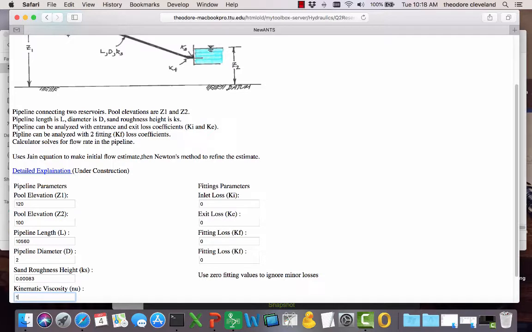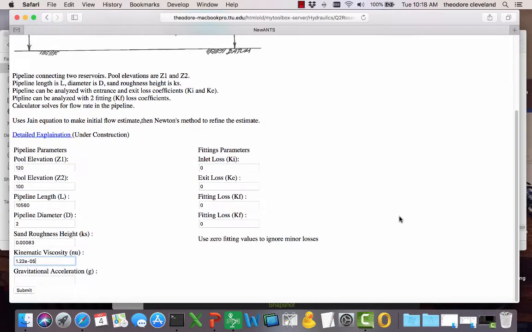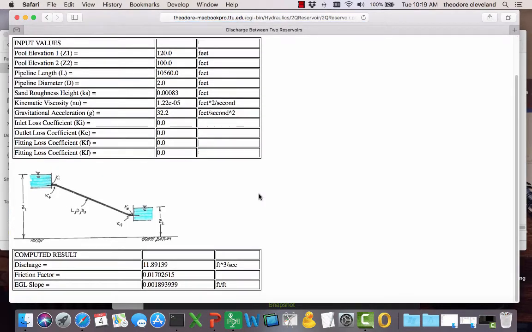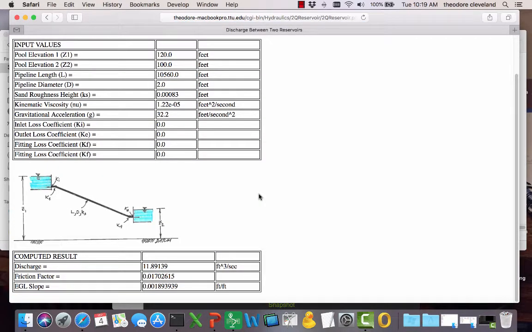Kinematic viscosity 1.22 E minus 05. And gravitational acceleration 32.2. And we should get around, I think we'll get 11 something. And we get a calculated discharge of 11.89 cubic feet per second.